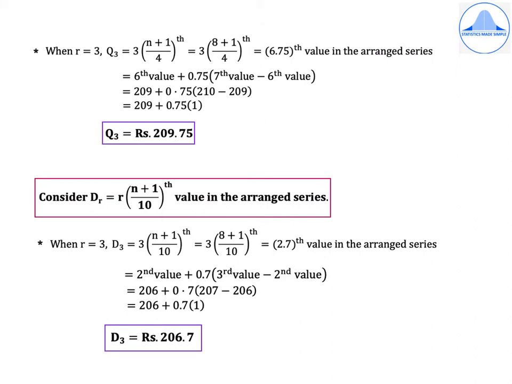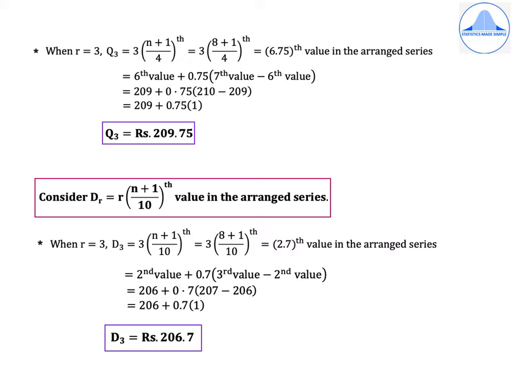Similarly, when r is equal to 3, we'll get Q3 is equal to 3 into (n plus 1) by 4th, which is equal to 3 into (8 plus 1) by 4th, which gives us 6.75th value in the arranged series. 6.75 is a number which lies between 6 and 7, and 6.75 is got as 6 plus 0.75. So this step is written as equal to 6th value plus 0.75 into (7th value minus the 6th value).